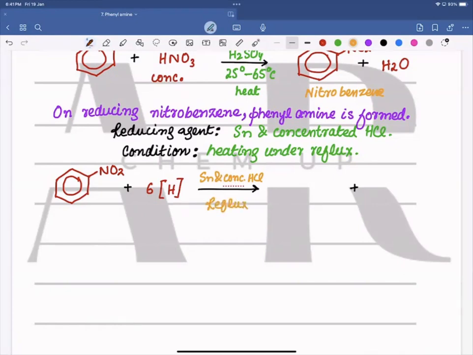So the NO2 group on reduction converts into amine group NH2, and 2 moles of water are formed.